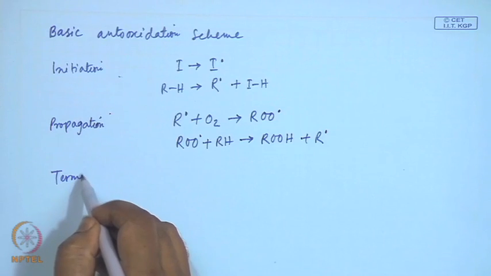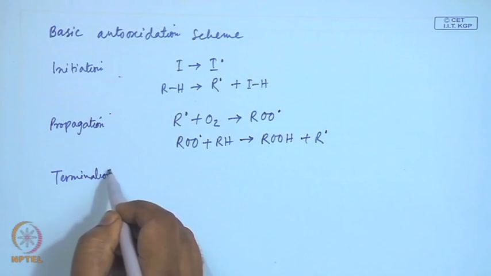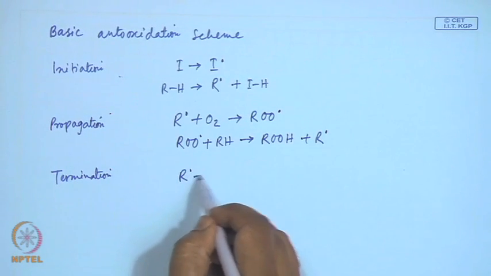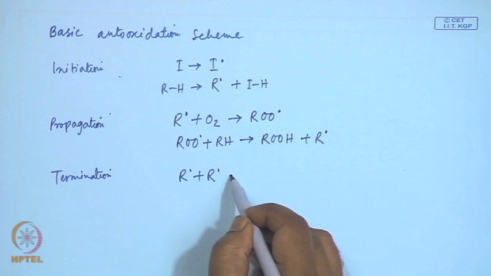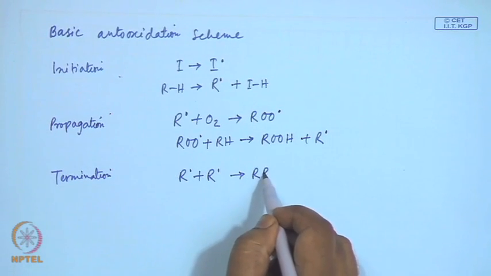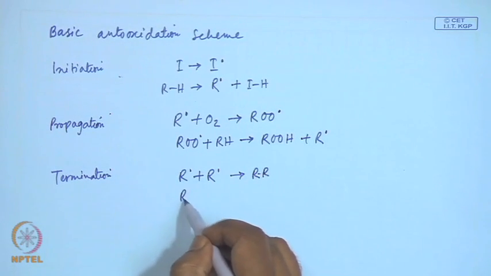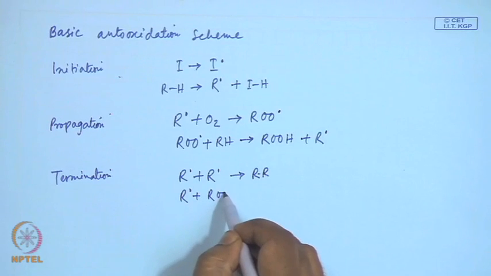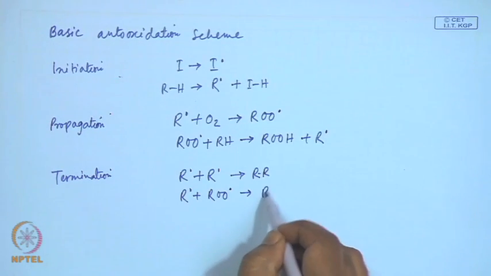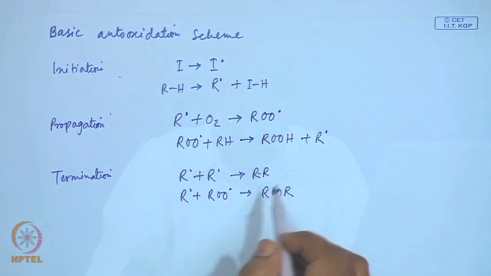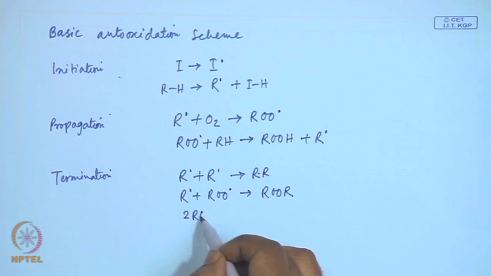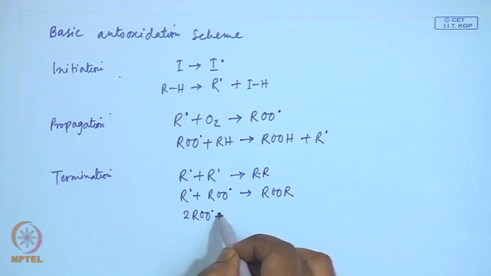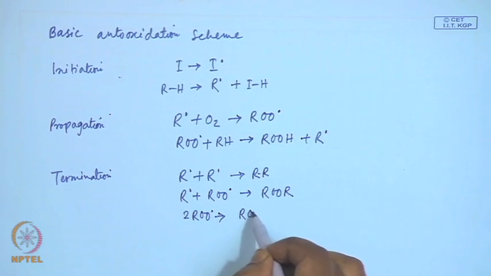Termination of this chain might happen by reaction between the radicals. Basically, reaction between two radicals.